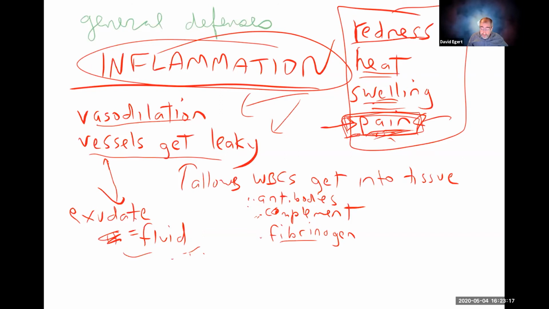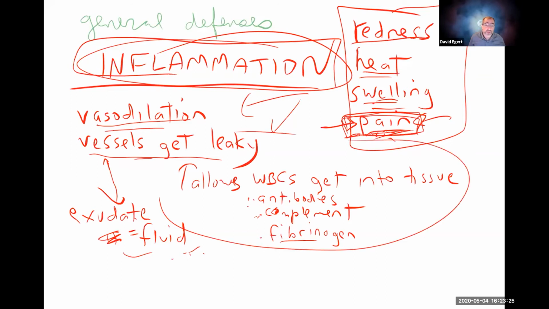But at least initially, it starts to bring more blood into the area, bringing in things that are going to help deal with whatever's happening. Okay, let's move into the adaptive defenses now.